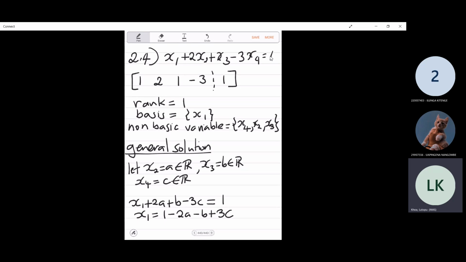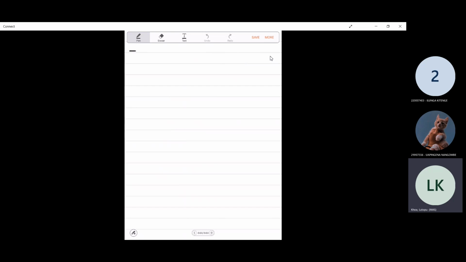And then I can write this down for the general solution as a matrix. The first term will be 1 minus 2a minus b plus 3c. Then x2 is a, x3 is b, and x4 is c. So transpose, and this is equal to your x1, x2, x3, x4 transpose. So that's the general solution.